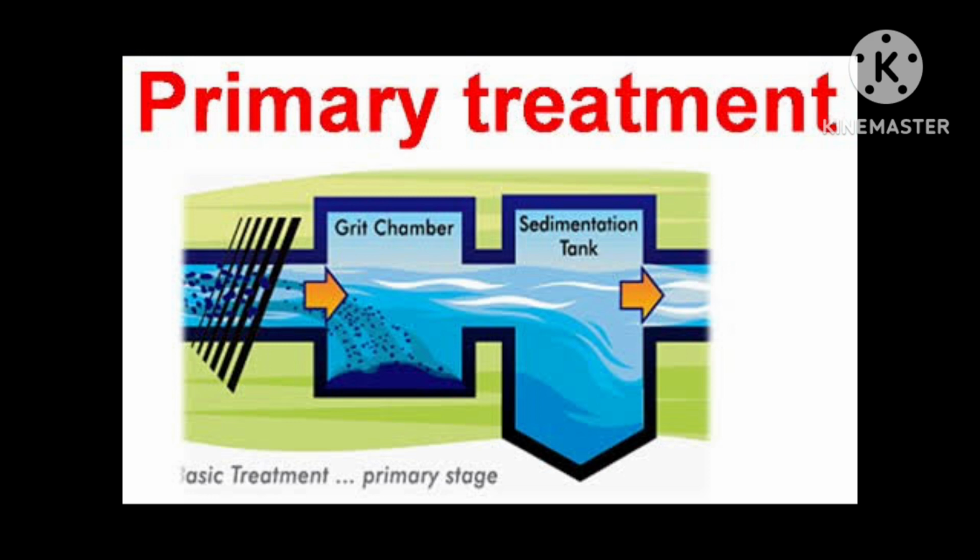The sewage water after sedimentation. What have we done? Primary treatment. After the primary treatment, the last step was sedimentation. Now after the sedimentation process, secondary treatment is done, means biological treatment.